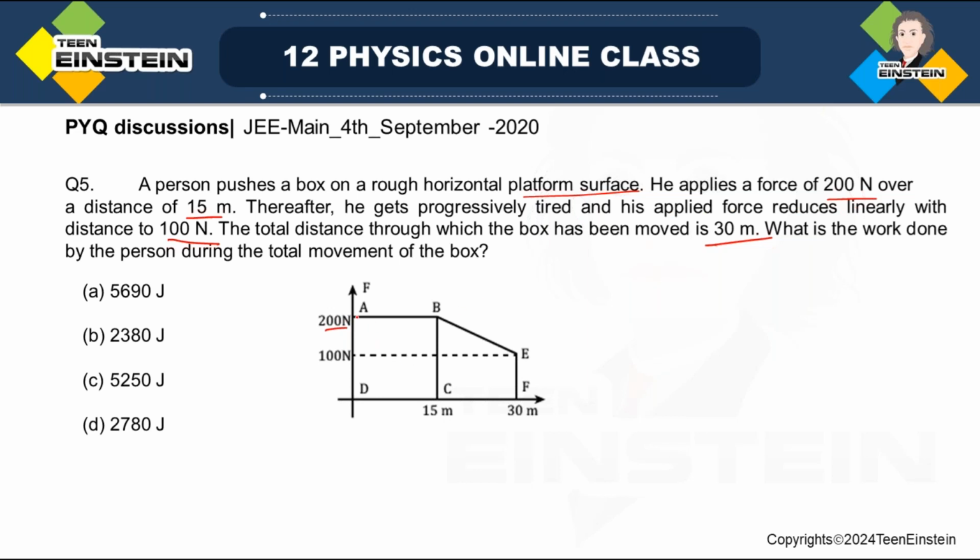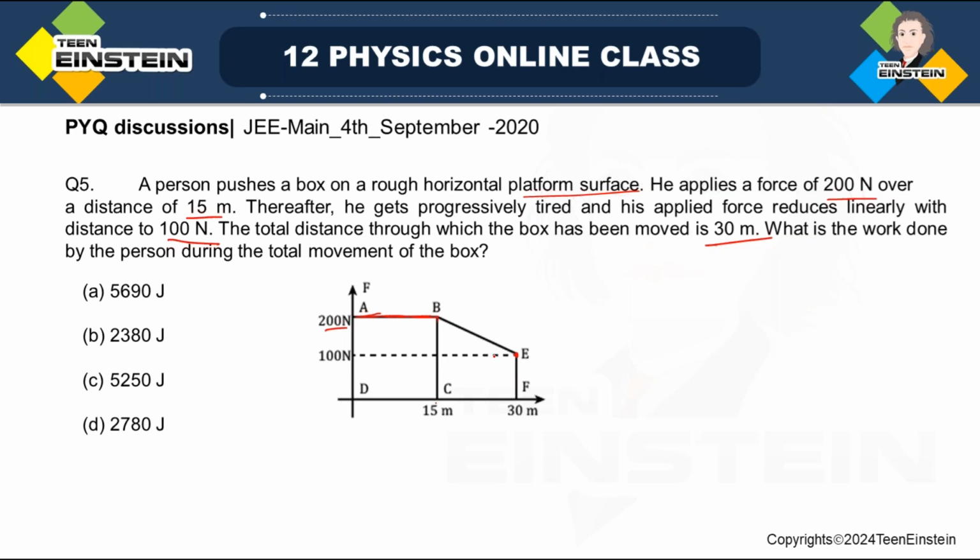This is a constant force up to 15 meters, and over the remaining 15 meters the force applied by the person is linearly reducing, and finally it becomes 100 Newton when he has covered a distance of 30 meters. So this force is reducing from 200 to 100.